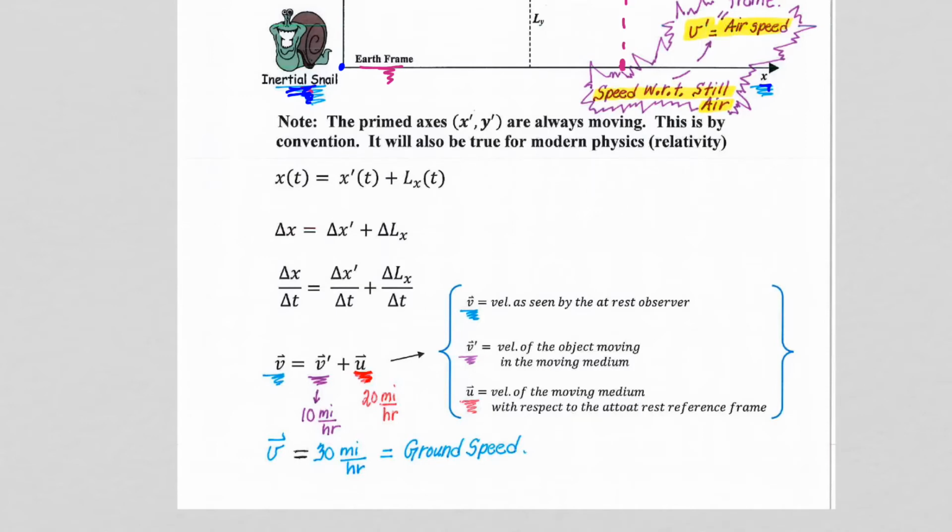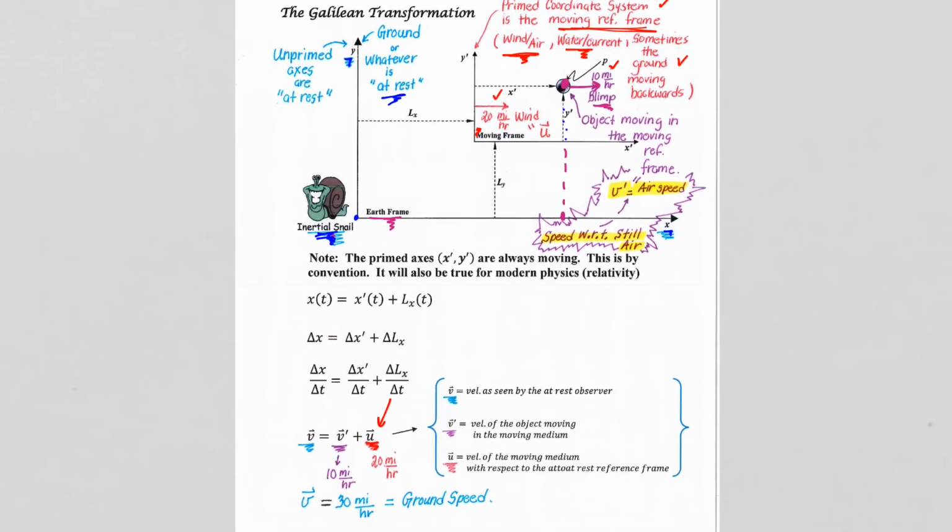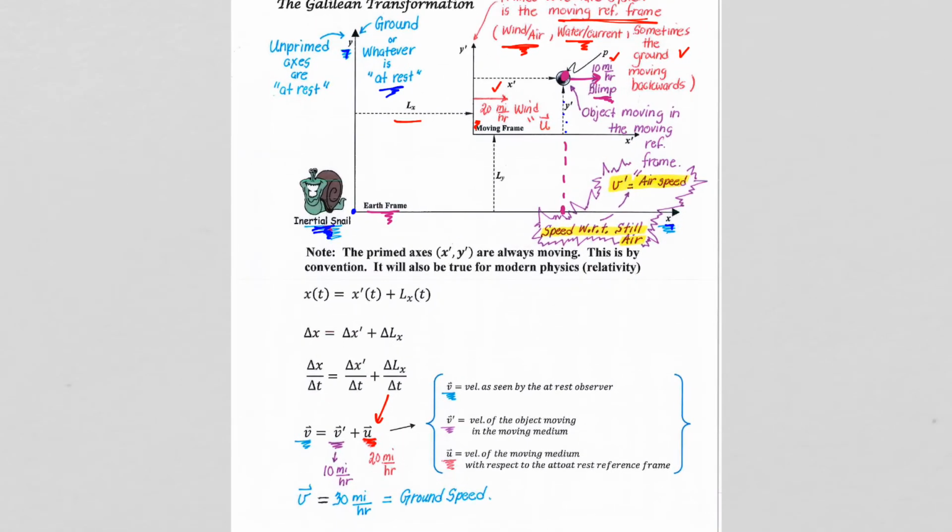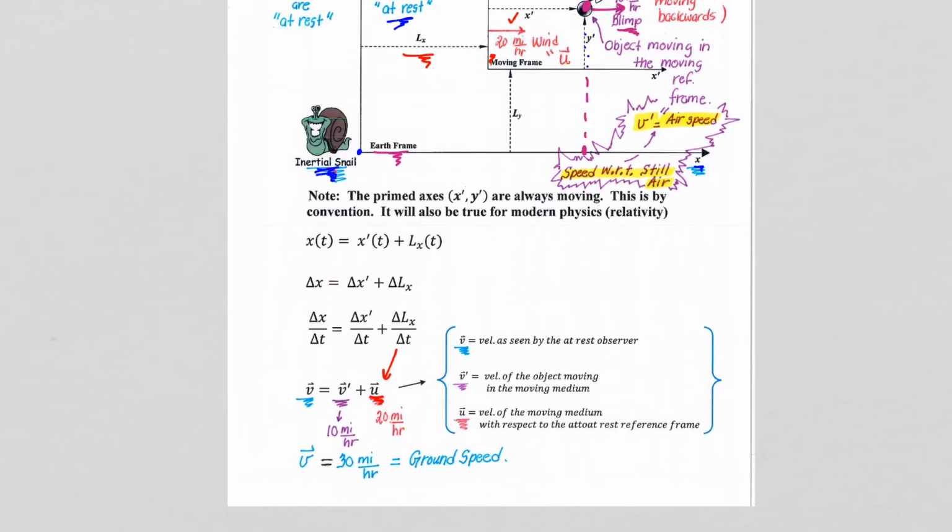So the actual primed coordinate system motion is the motion of this variable u moving to the right. So the prime that we have in our v prime is what I have here, and I have it exploded because this can be a little tricky. The v prime is what's called the airspeed of the blimp or an airplane. If you hear the pilot say, we're moving at an airspeed, that's the speed of the plane without any wind.